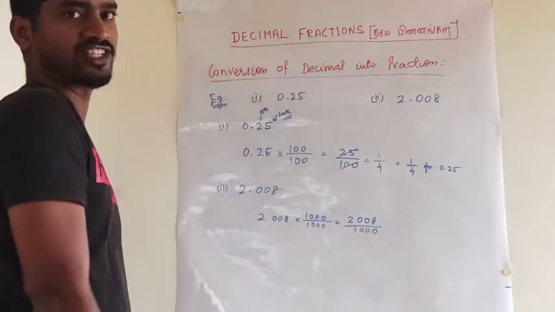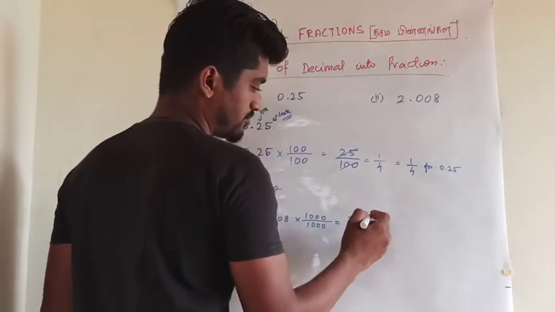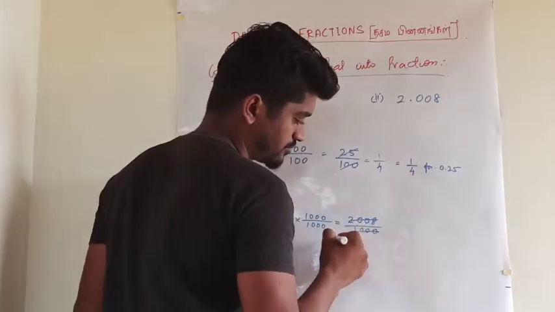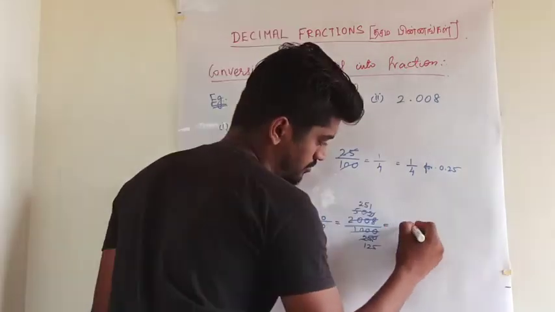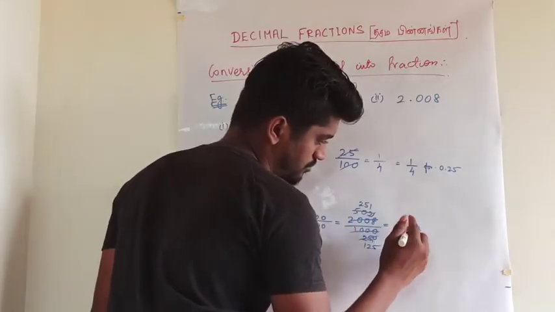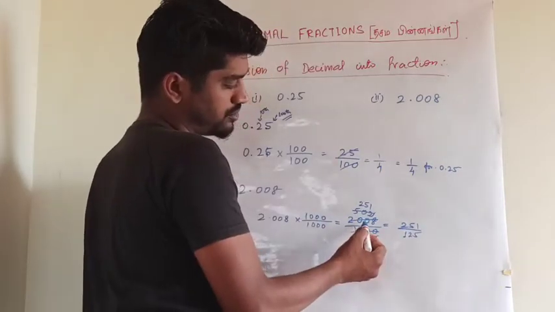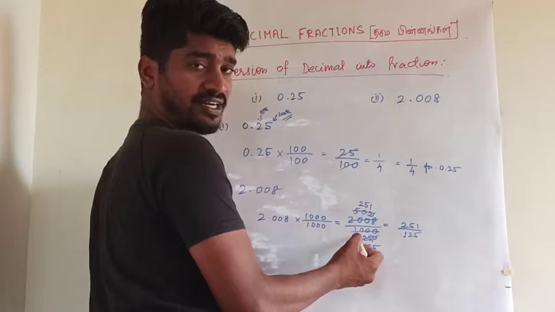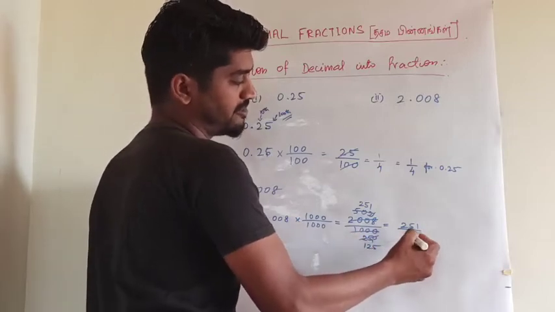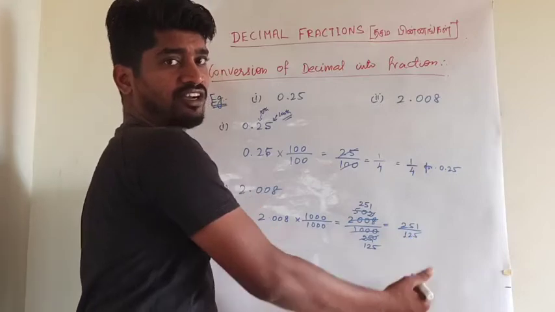This is the fractional value of the decimal value. We can simplify it. 2008 divided by 1000 may be simplified as 251 divided by 125.